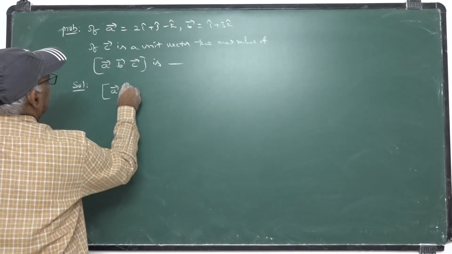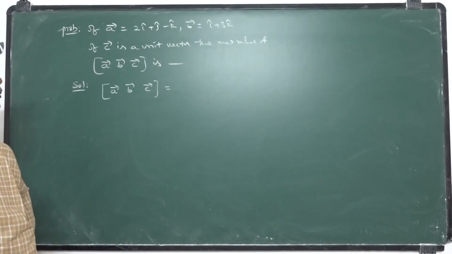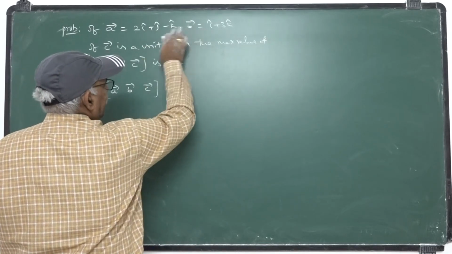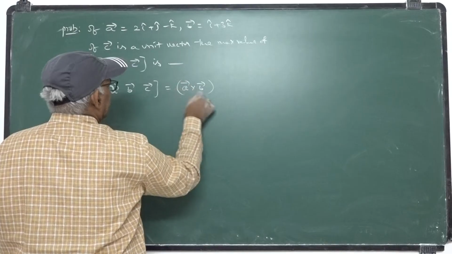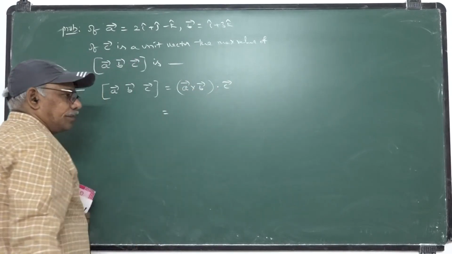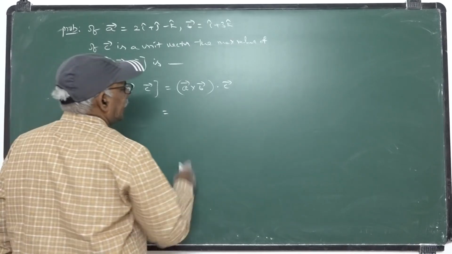Box A bar, B bar, C bar equals... Because A bar and B bar are given, let us consider their cross product, A bar cross B bar, dot product with C bar.